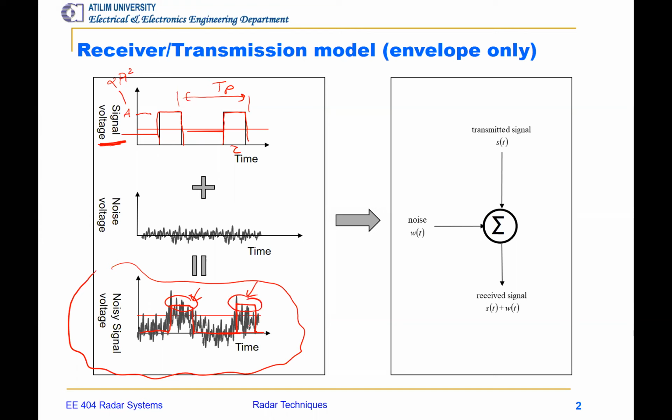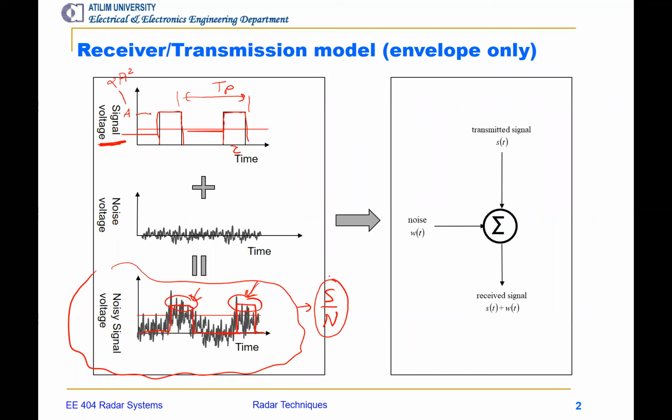Then we have to consider the signal power as well as noise power. So we come to the ratio, SNR, signal power to noise power ratio. So we'd like to detect this signal at the lowest possible signal to noise ratio.